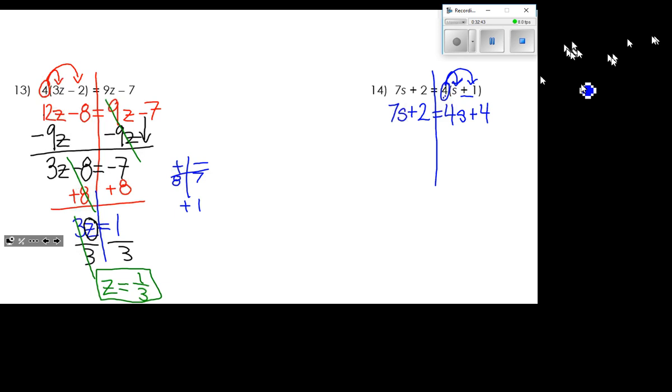I have s's on both sides again. I'm going to do it a different way to show you that there's more than one way. I'm actually going to move this 2. So I'm going to -2, not divide. I'm going to -2 on both sides.